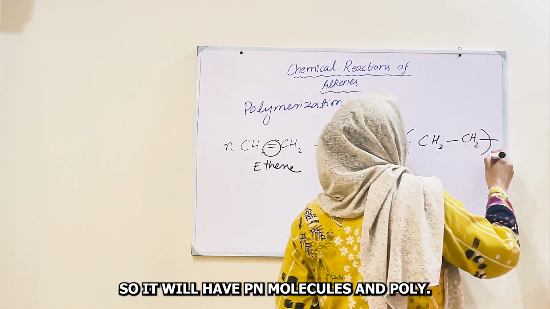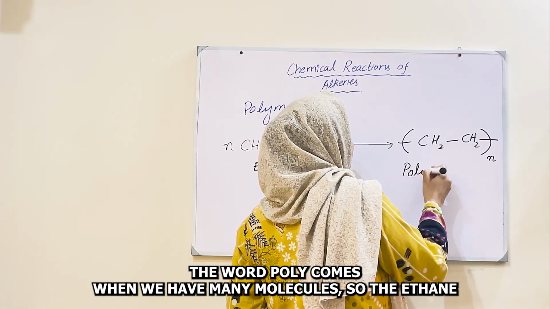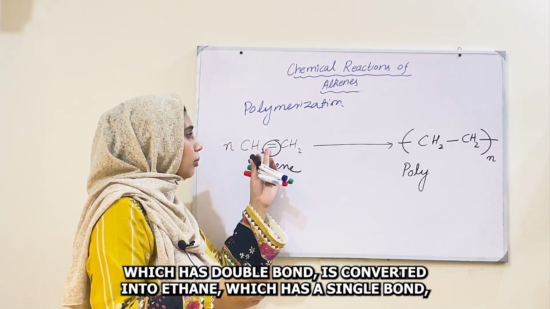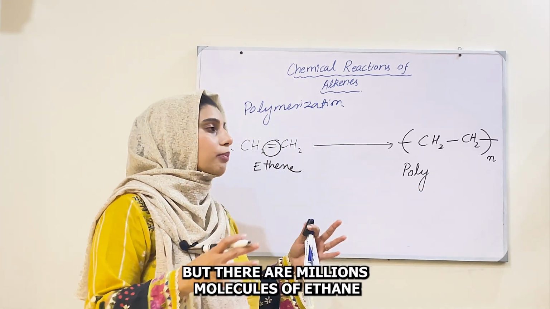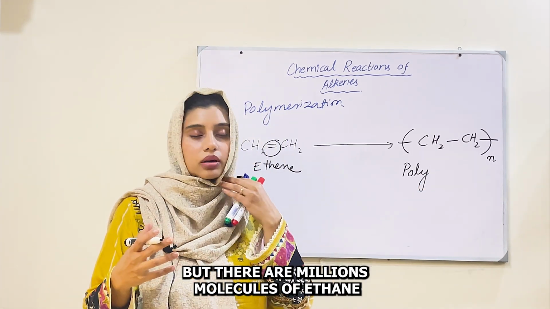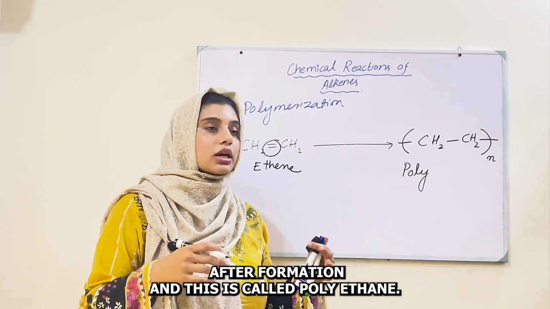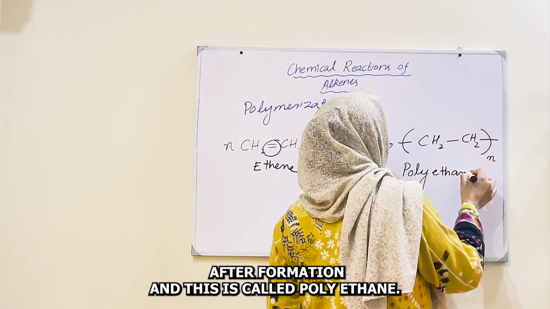So it will have n molecules, and the word poly comes when we have many molecules. So the ethene which had a double bond is converted into ethane which has a single bond, but there are millions of molecules of ethane after formation, and this is called polyethene.